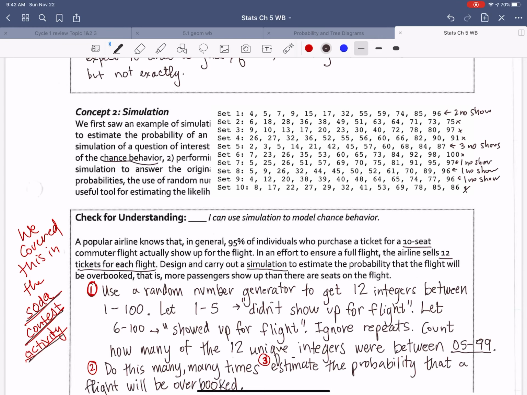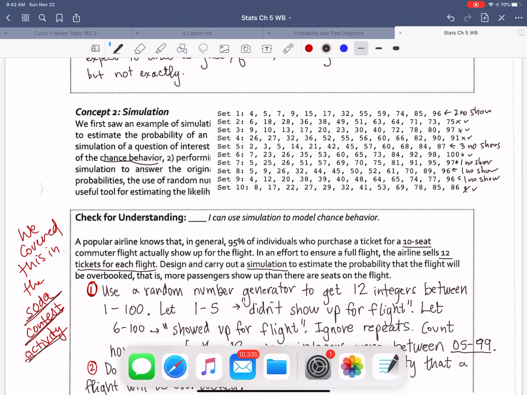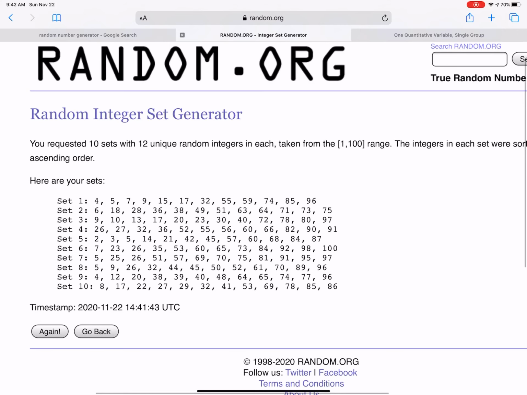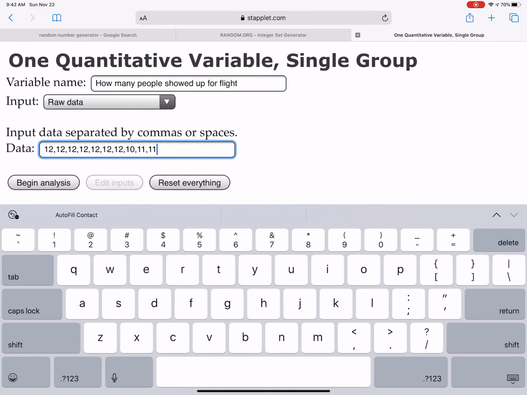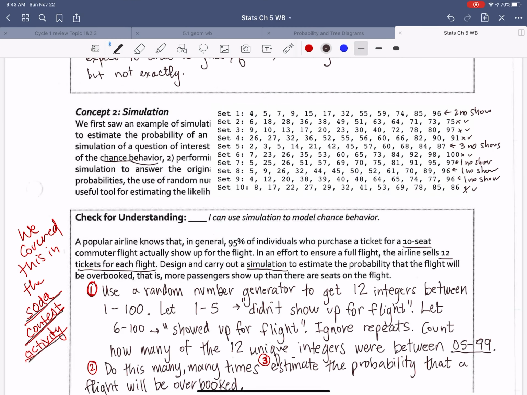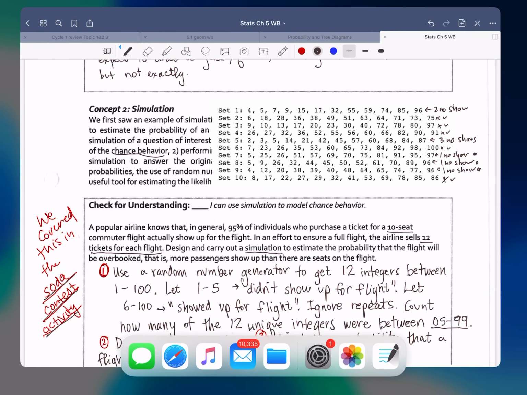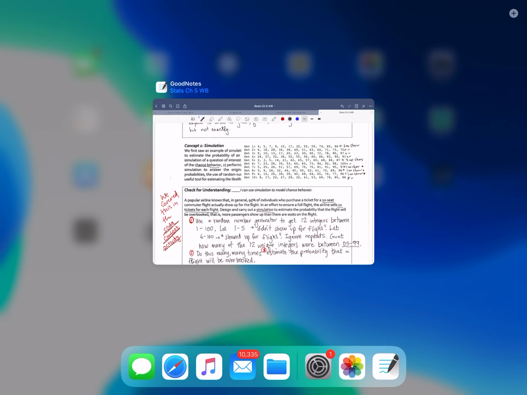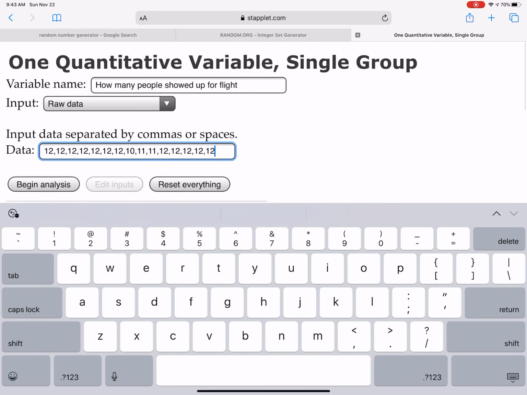So that's going to be 1, 2, 3, 4, 5 12s. And then 11 people showed up: 1, 2, 3. 3 had 11 people show up.